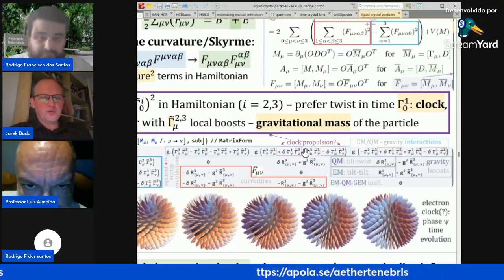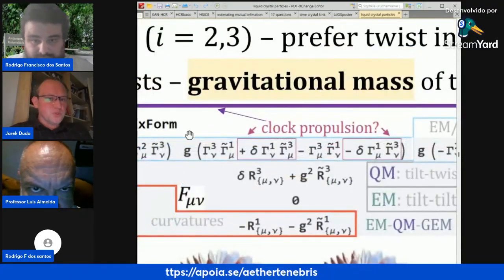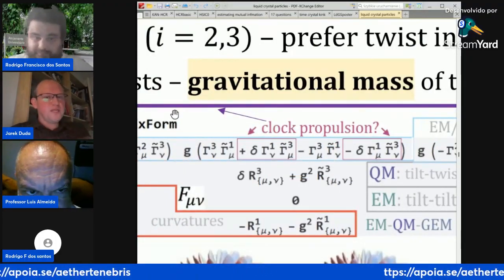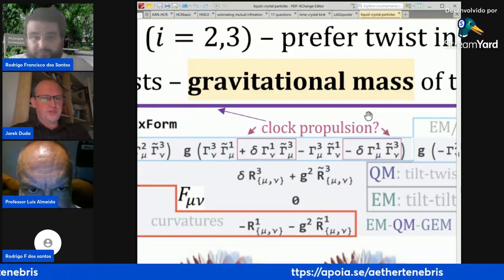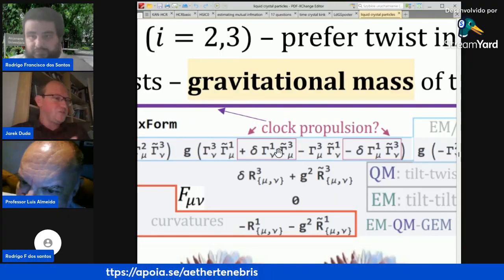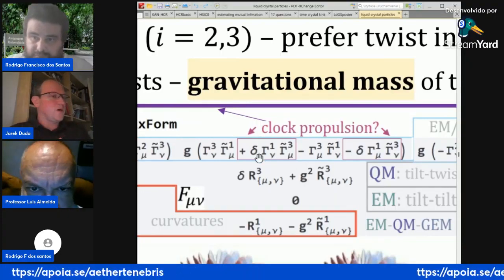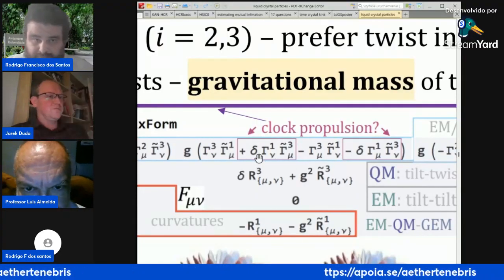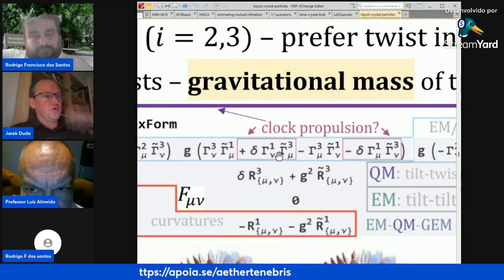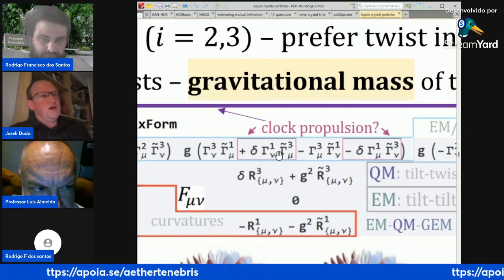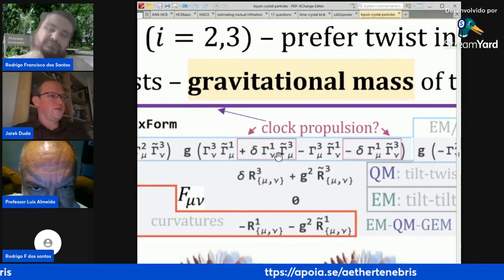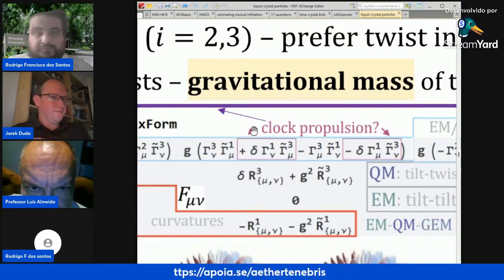And this kind of term allows us to understand it, because the particle can reduce its energy a bit by activating this kind of potential, which has both the boost for the gravitational mass, but also the gamma 1 for the clock of the electron or neutrino. So I think this is crucial to understand both why particles interact not only through Coulomb interaction but also through Newton interaction, gravitationally, and why they have a clock.